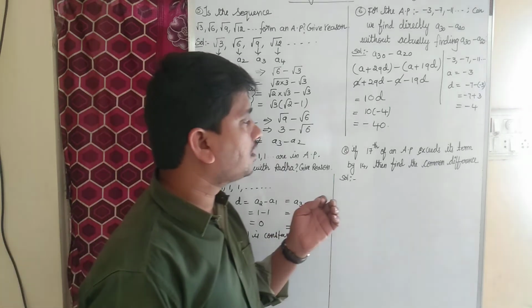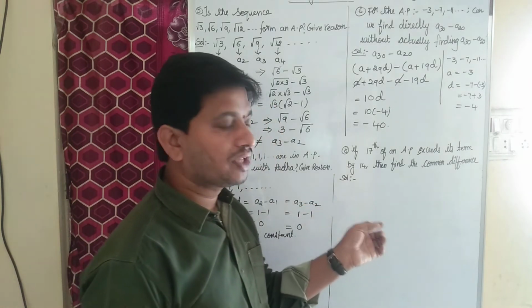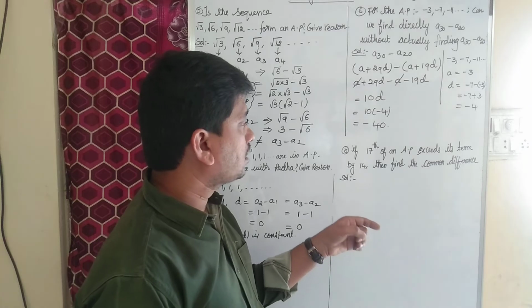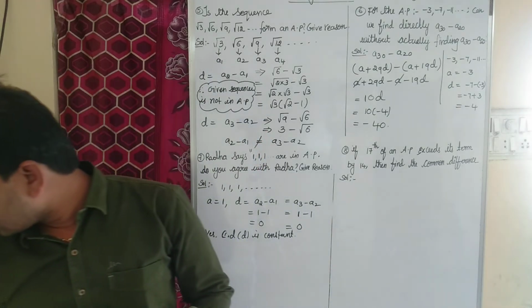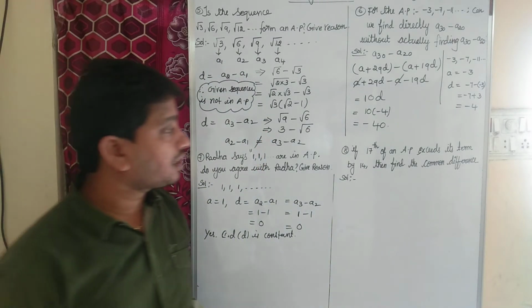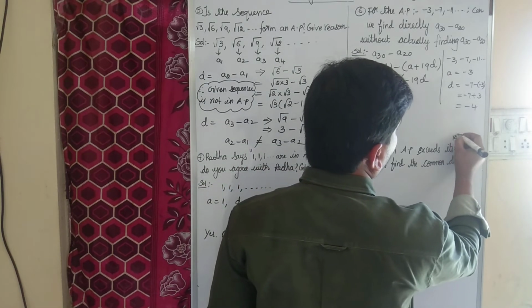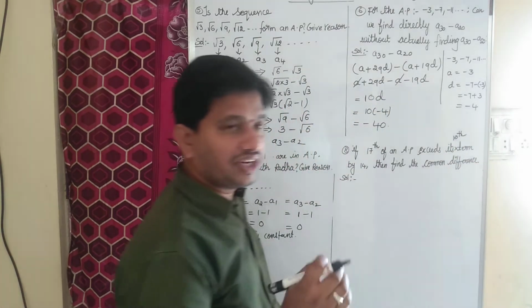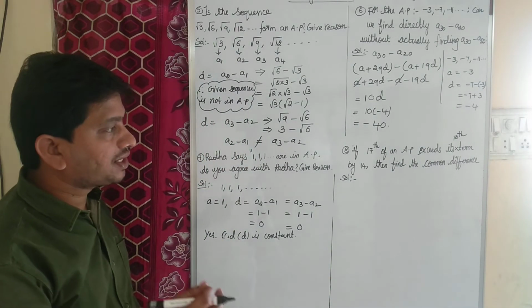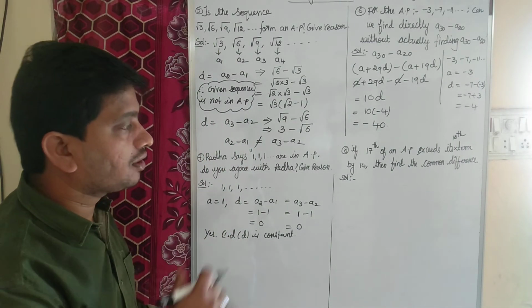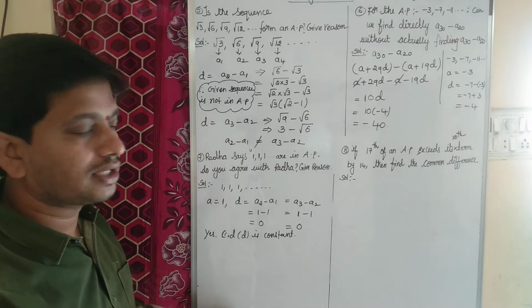If the 17th term of an AP exceeds its 10th term by 14, find the common difference.